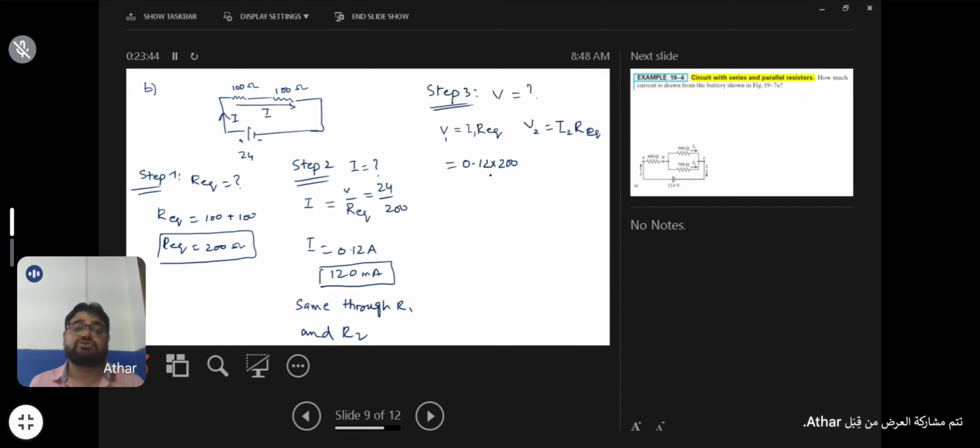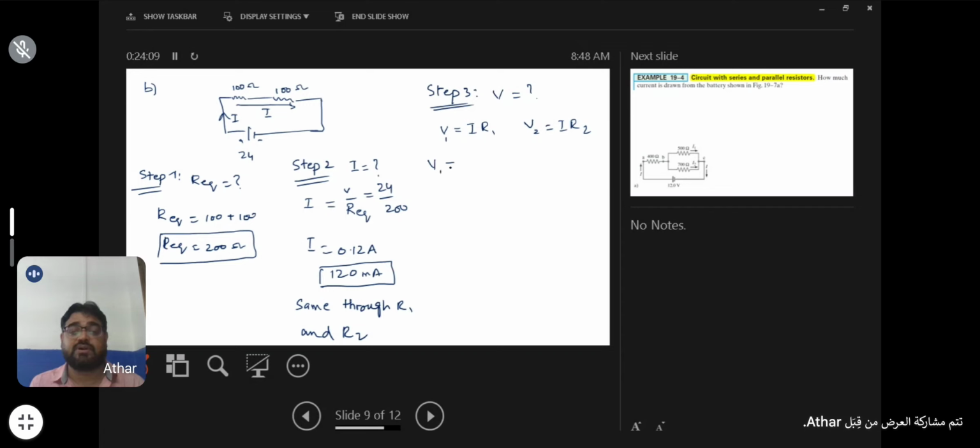Sorry, my mistake. This is not R equivalent here. Here you will use R only. Because we have the same current, I can write I into R1 and I into R2, so we don't need to write I1 and I2. So V1 is I R1 and V2 is I R2.